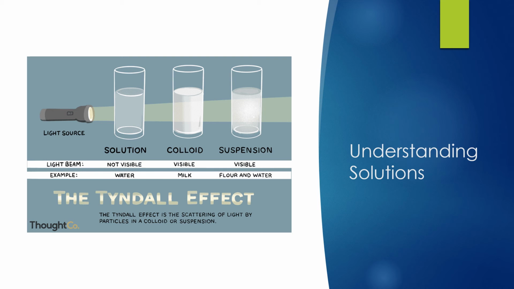So finally, if we have 3 different samples, in one we have water, in another milk, and in the third one flour and water, and obviously we classify them as solution, colloid, and suspension, and we put a light source so that it goes across the 3 samples, we are going to see that the light beam in water is not going to be visible, but it is going to be in the milk and the flour and water samples.